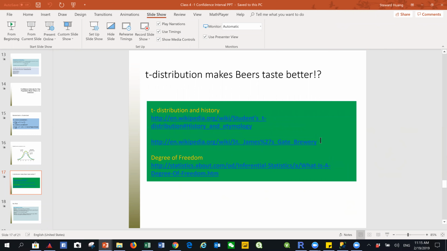Then he published that distribution, because of business confidential information, under the pen name Student. So later, people called it the Student T distribution or just the T distribution.